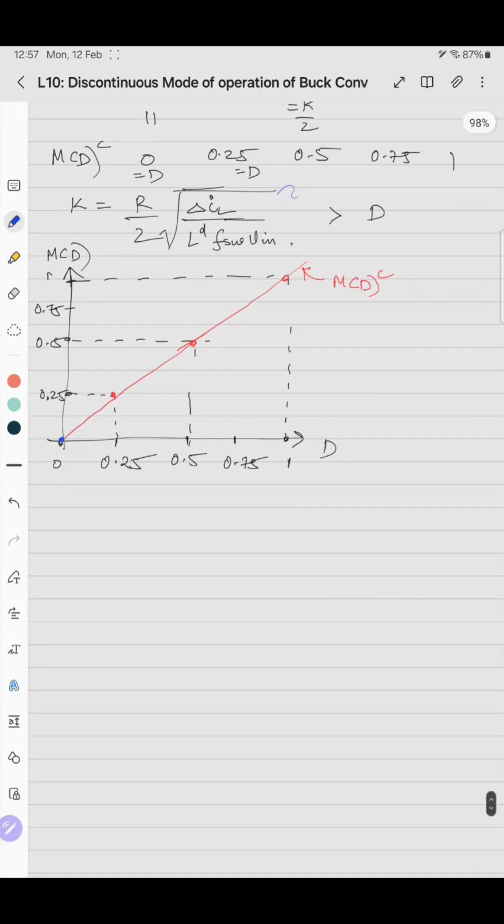Here we can write that K is a function of L, and as L increases, K decreases. This we should know. For 0 it is 0, and at the end again it is 0, so it is somewhat like this.